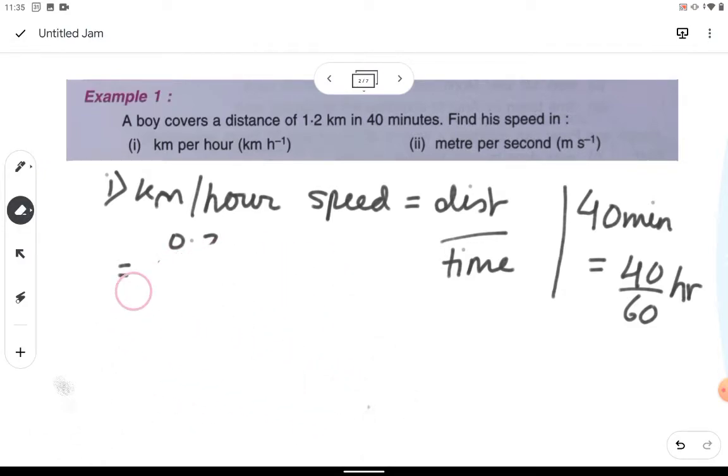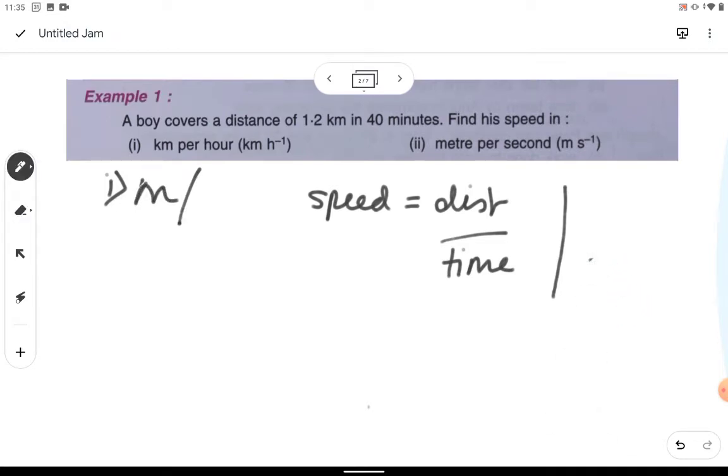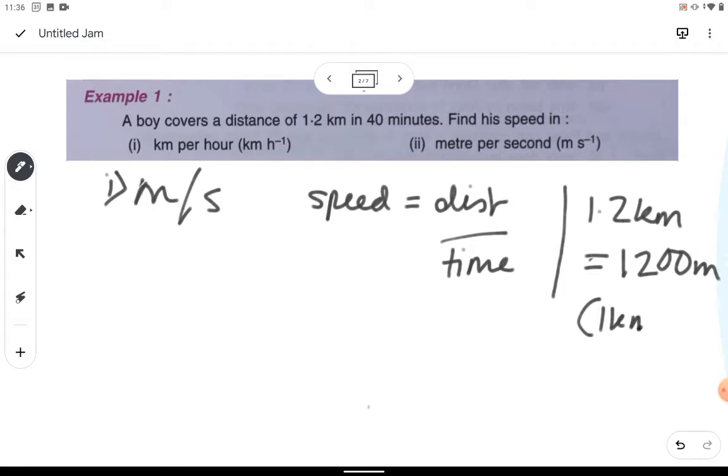Now for the second answer, we have to find speed in the unit of meter per second. Speed is still distance by time. Here distance 1.2 kilometer will be equal to 1200 meter, the reason being 1 kilometer is equal to 1000 meter, right? You all know this conversion.